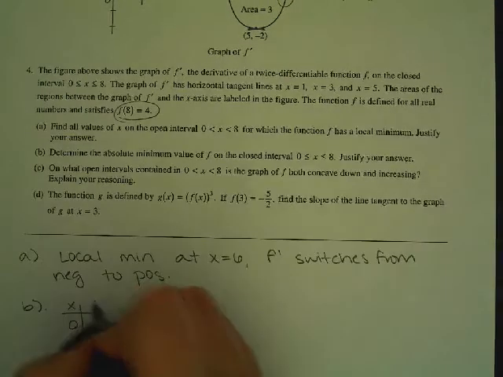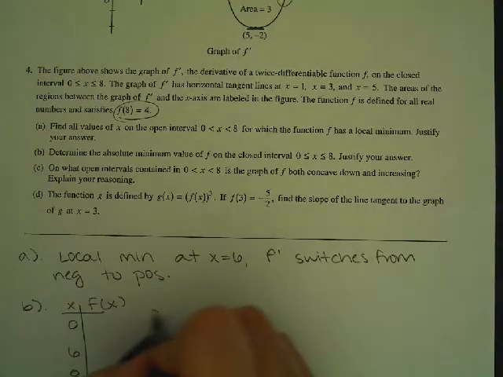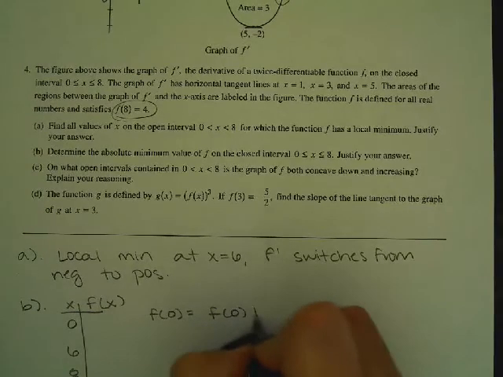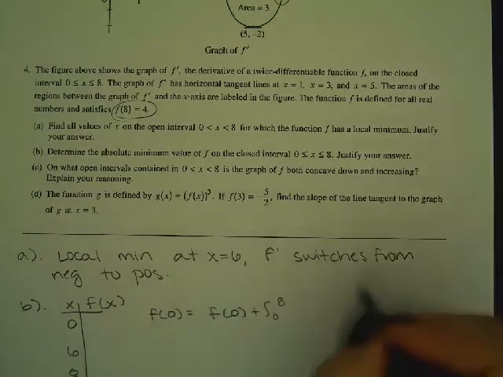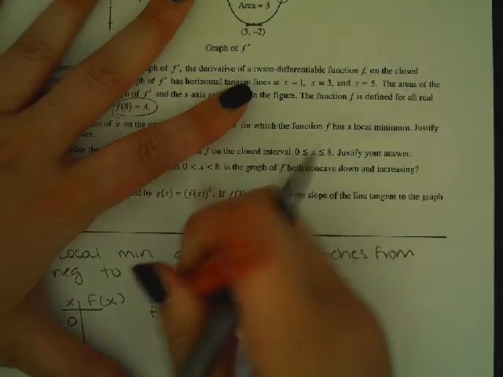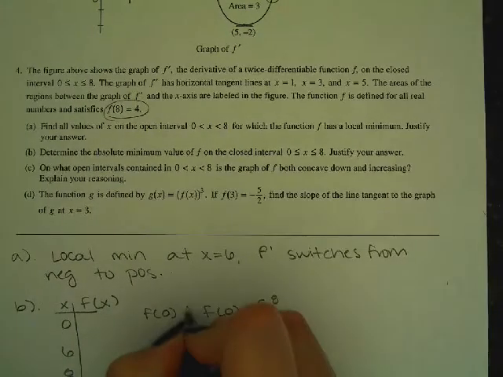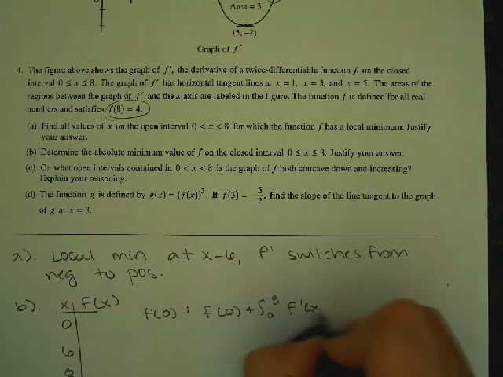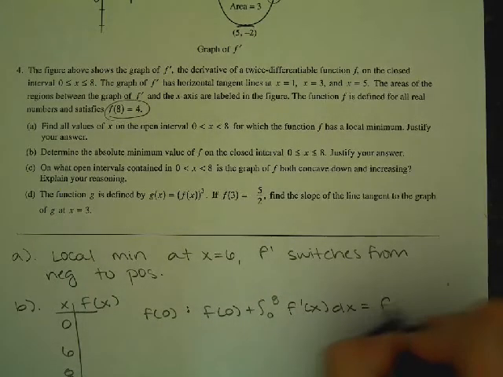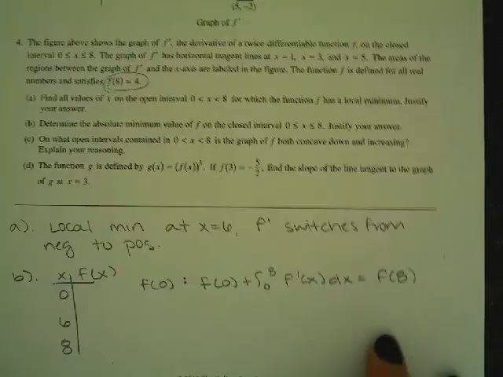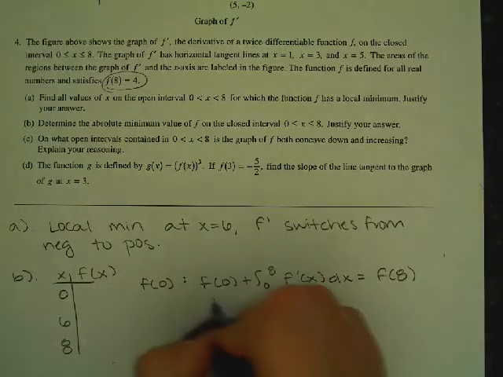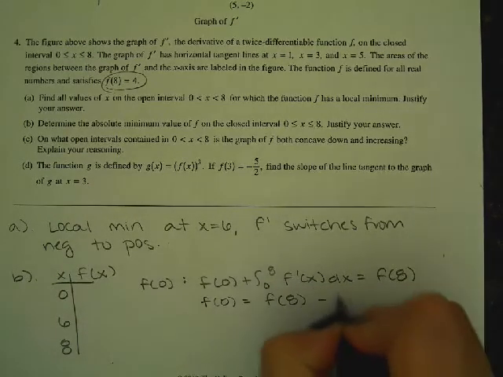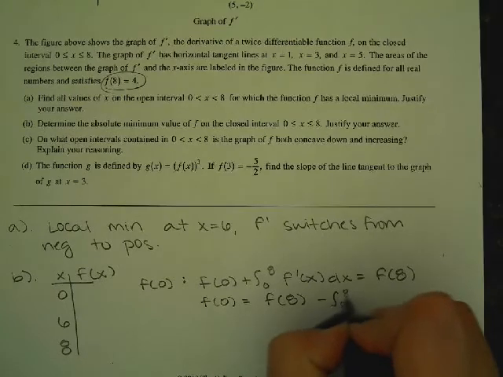Okay, so first to find f of 0, I'm going to say f of 0 plus the integral from 0 to 8 is what would give us f of 8. And we know f of 8 is 4, so if I want f of 0, I'm just going to take f of 8 and subtract the integral from 0 to 8.